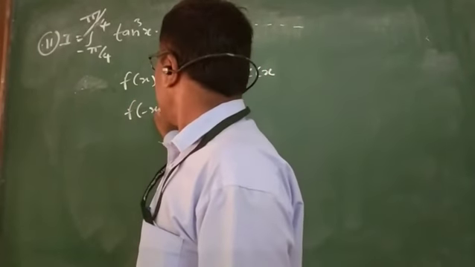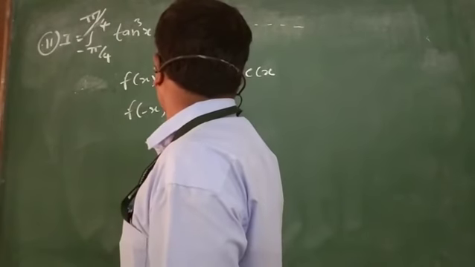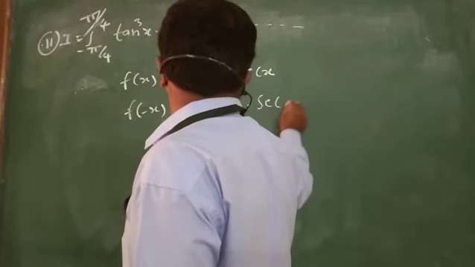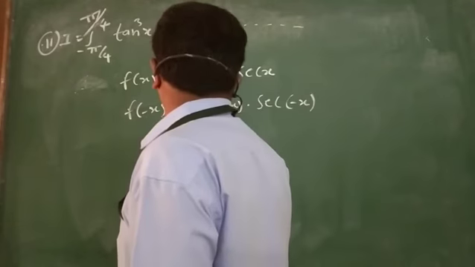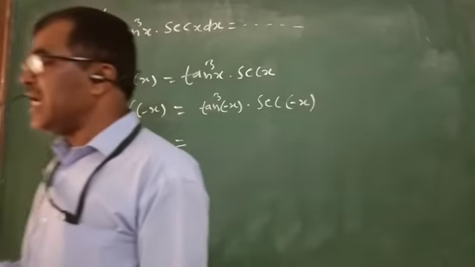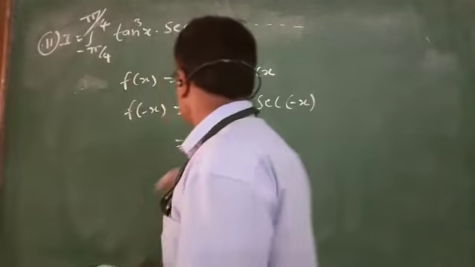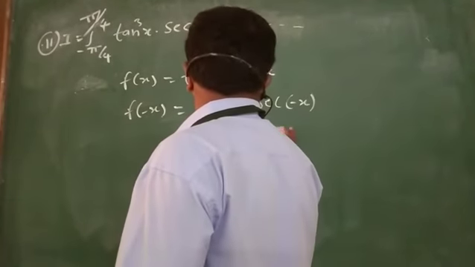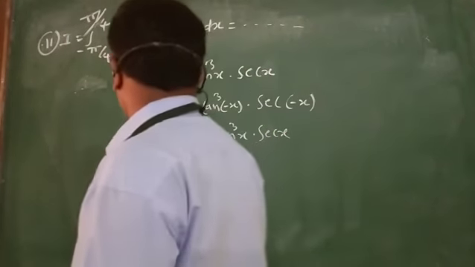F of minus x equal to tan cube minus x into sec minus x equal to tan cube minus x into sec cube minus x. That is minus tan cube x into sec x. That is equal to minus f of x.